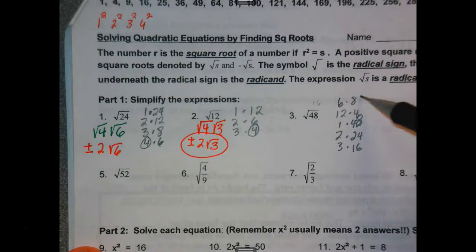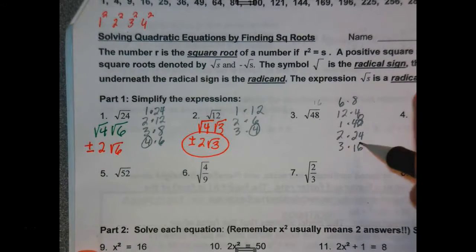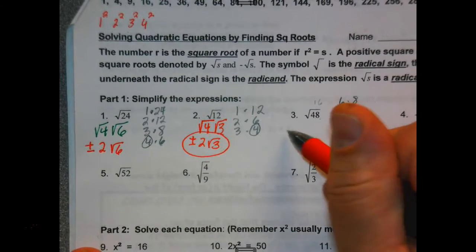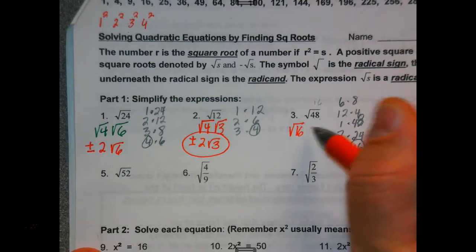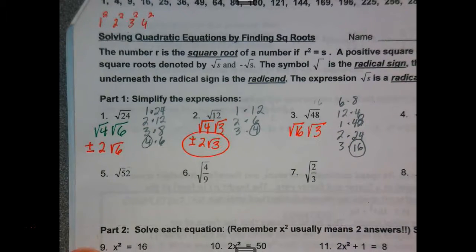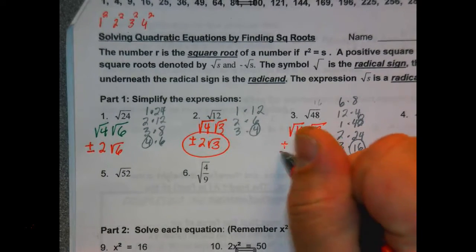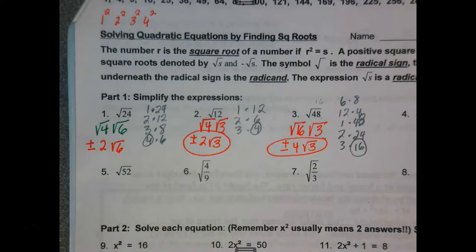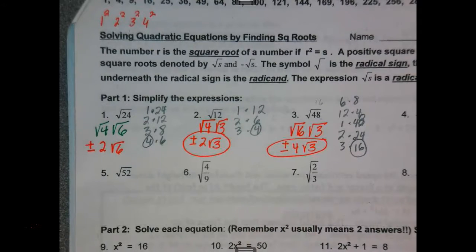I got 6 and 8. Okay, so any others? 16 is your largest perfect square. Okay. Square root of 16 times the square root of 3. What is the square root of 16? No, because I've already taken the square root.